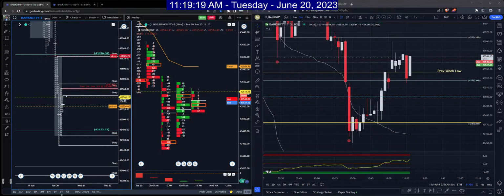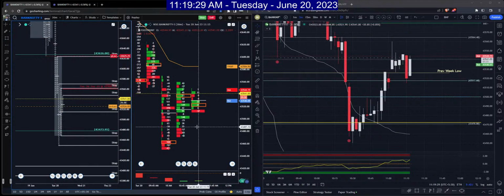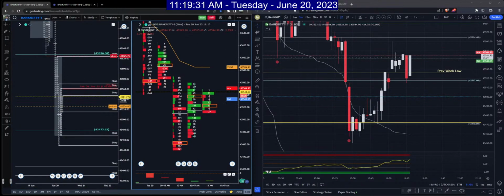But I've already lost about 600 or 700 bucks. So I'll now wait for the right trade opportunity and not overtrade, because I'm doing pure scalping. That's what I'm doing right now.